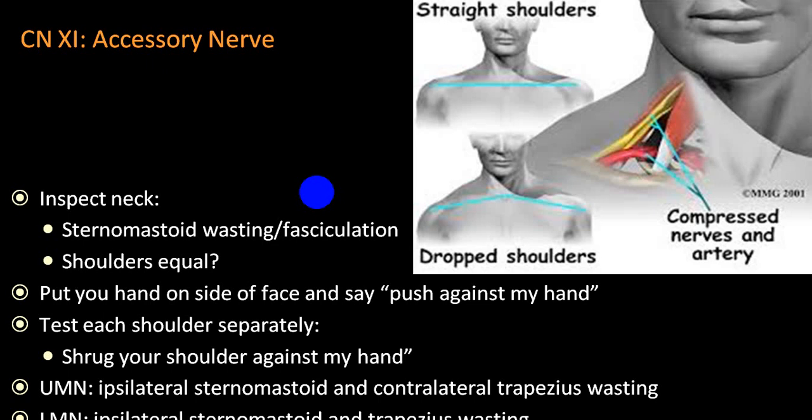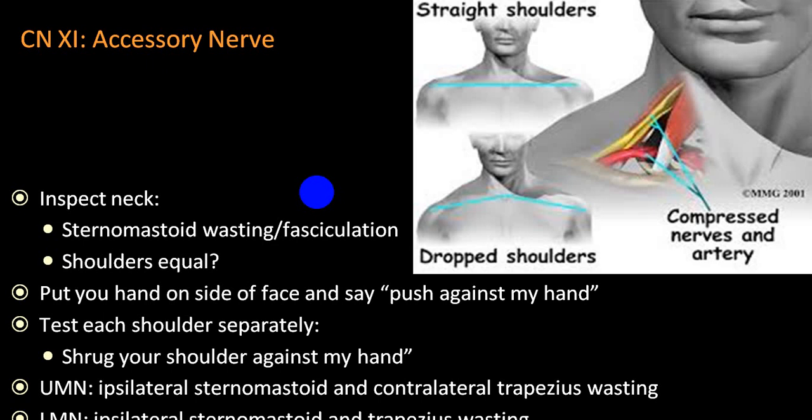You will have a little drooping of the shoulder. You push the face to the opposite side and apply pressure with the palm, and the opposite side sternocleidomastoid will become prominent. So suppose you are testing the right: ask the person to move the head towards the left side against the pressure.